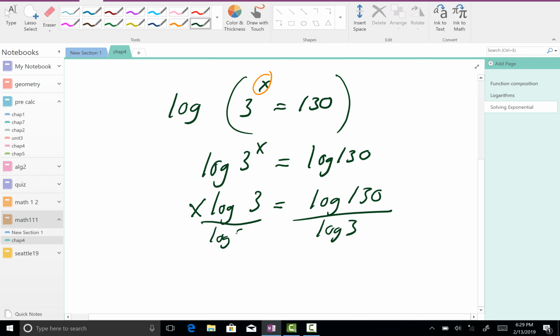And then I would just go ahead and solve it out, like you would normally. Okay, so that's solving exponential equations using that particular method.